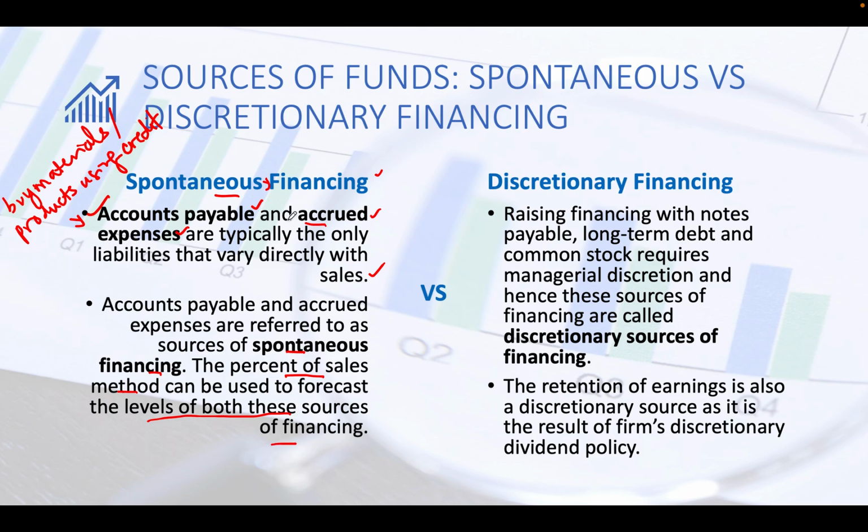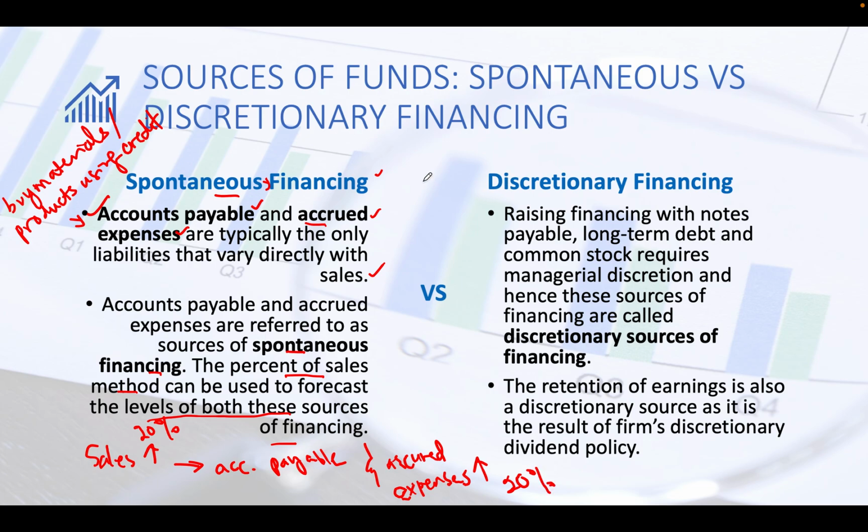Which means, account payable dengan accrued expenses ni, bila kita nak forecast sales increase, that means account payable and accrued expenses also increase as much as the sales increase. For example, the sales increase by 20%. So definitely account payable and accrued expenses will increase 20%.